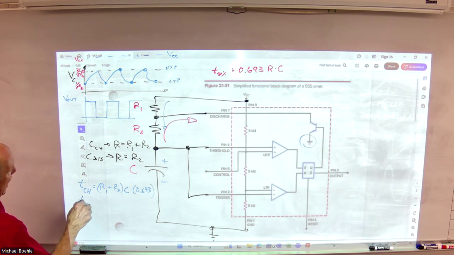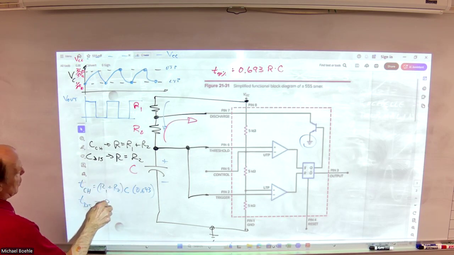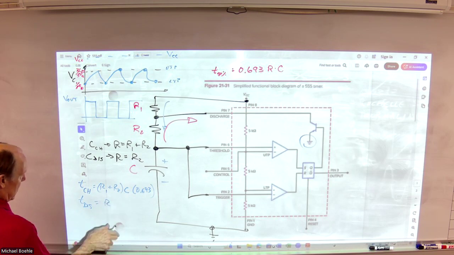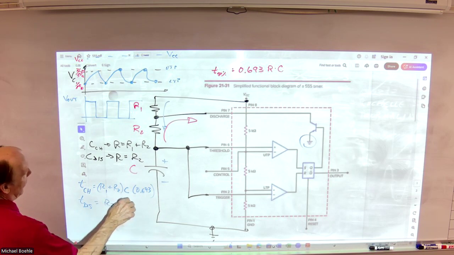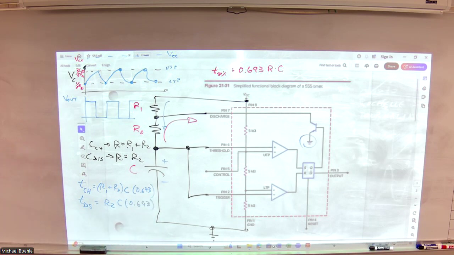The discharge time will simply be R2 times C times 0.693. Make sense to everyone?